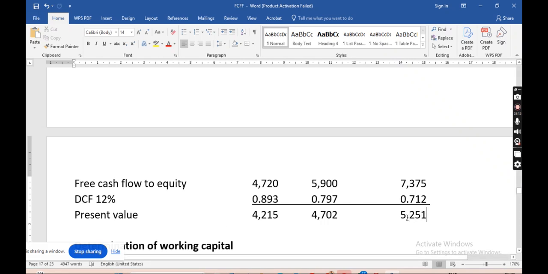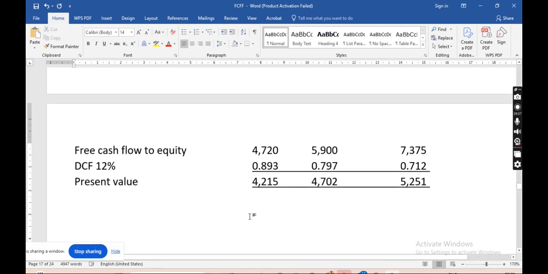So what is the total? Let's get the total market value. Let's add everything together for 2021, 2022, 2023, right?